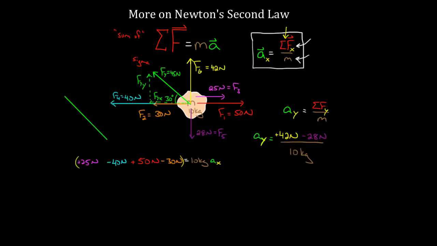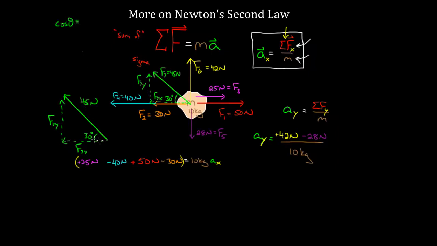So I'm just going to make this bigger over here. If this side is 45 newtons, then this side would be the adjacent to this 30 degrees, this F7 in the x direction, and this side would be the opposite to that 30 degrees, so that's F7 in the y direction. Now we use sine and cosine. Let's use the definition of cosine. Cosine of theta is the adjacent over the hypotenuse.